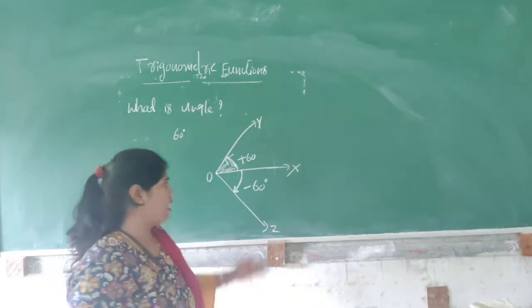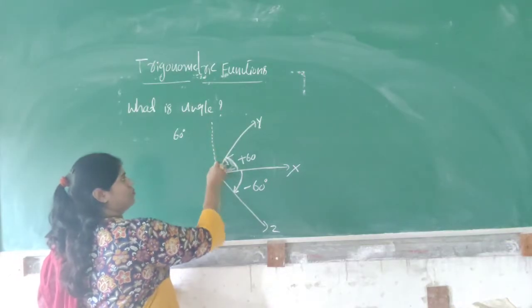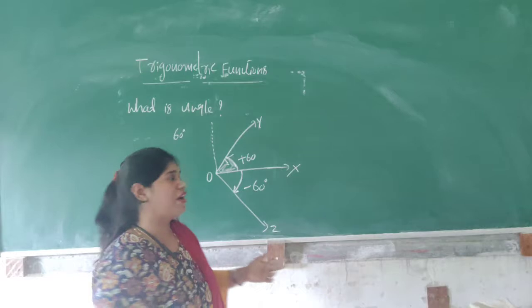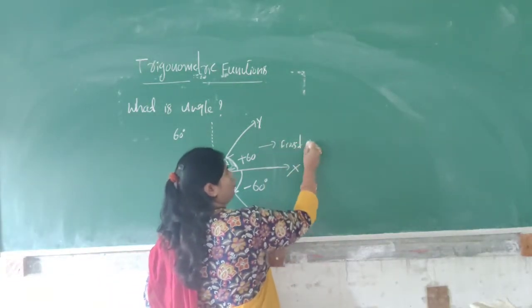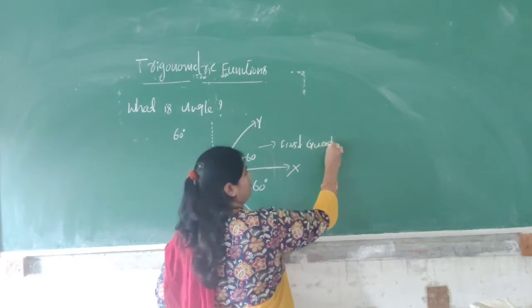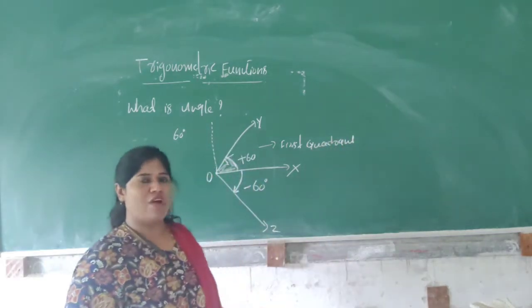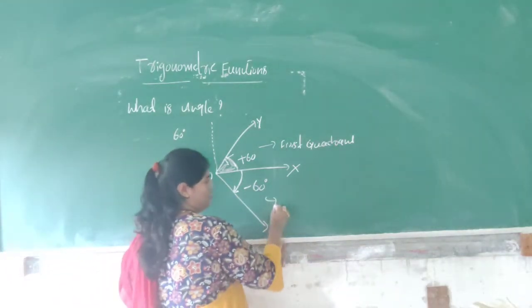So here it is less than 90 degrees, so an acute angle comes in the first quadrant. The positive angle comes in the first quadrant, and this negative angle comes in the fourth quadrant.